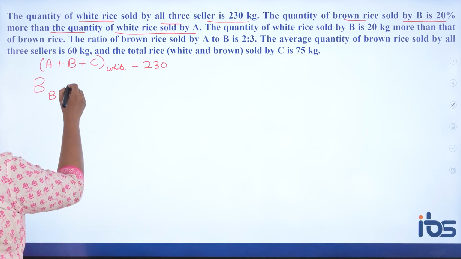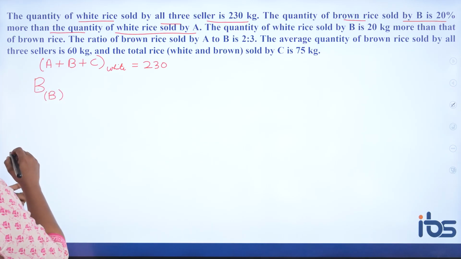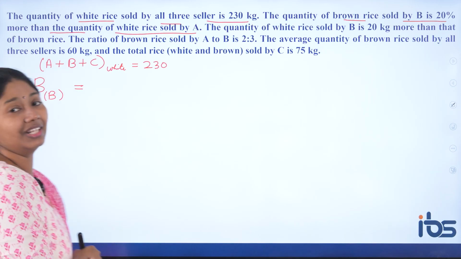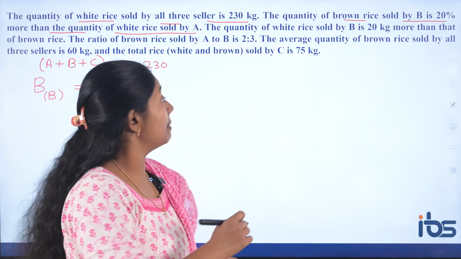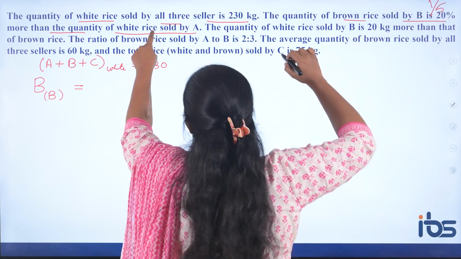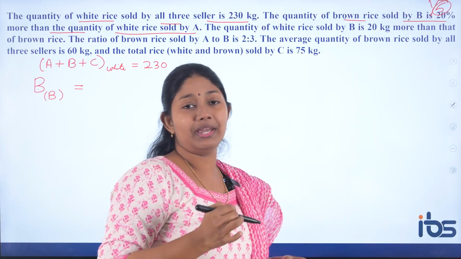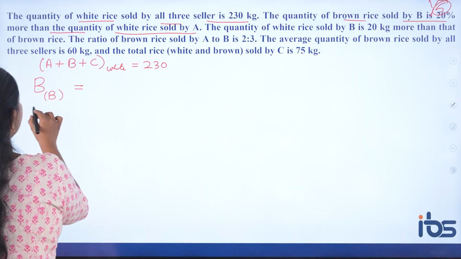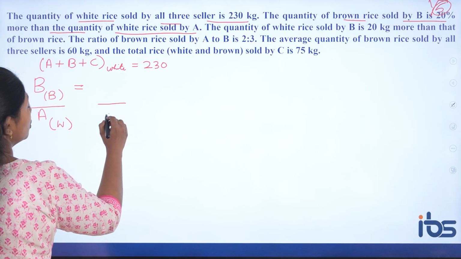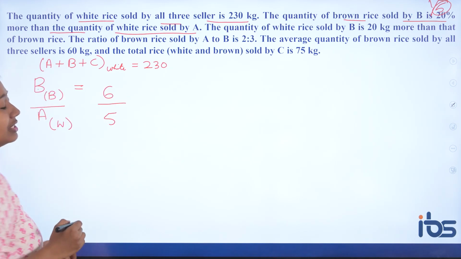So brown rice sold by B is 20% more than the white rice sold by A. The fractional value of 20% is 1 by 5. So the denominator with respect to white rice sold by A, white rice sold by A is 5 units. 20% more means add 1 unit, so 6 units.